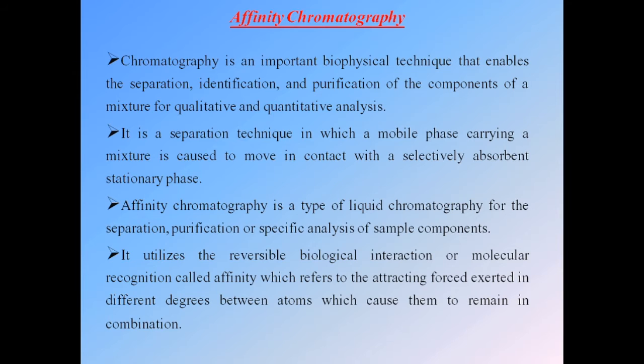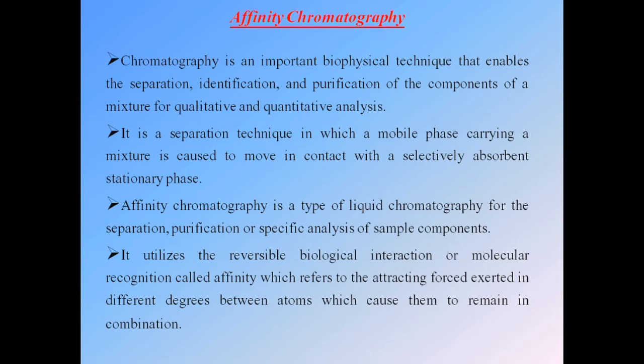Sometimes a hybrid method is employed such that the binding is done by the batch method, but the solid phase with the target molecule bound is packed onto a column and washing and elution are done on the column.